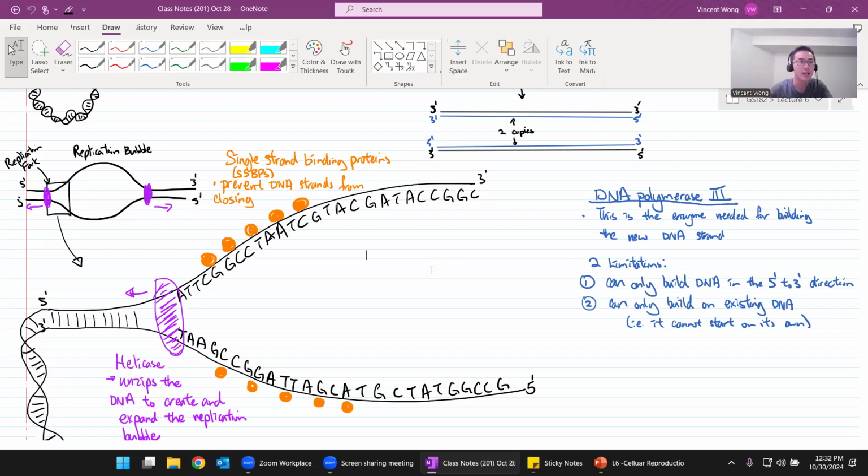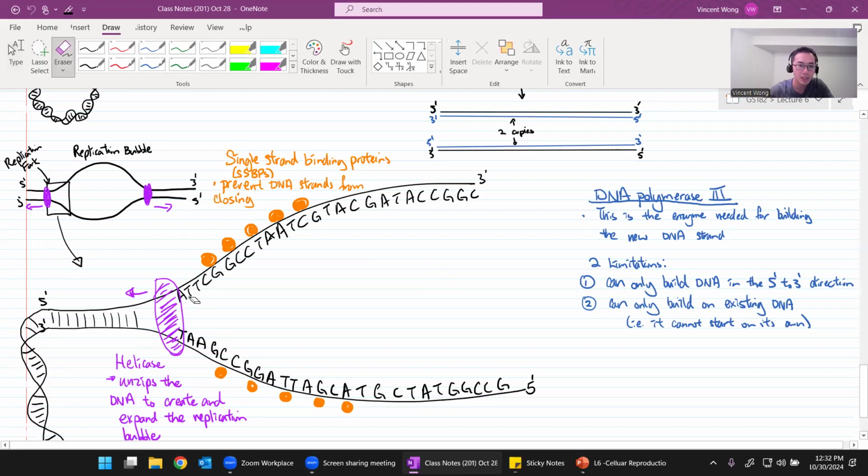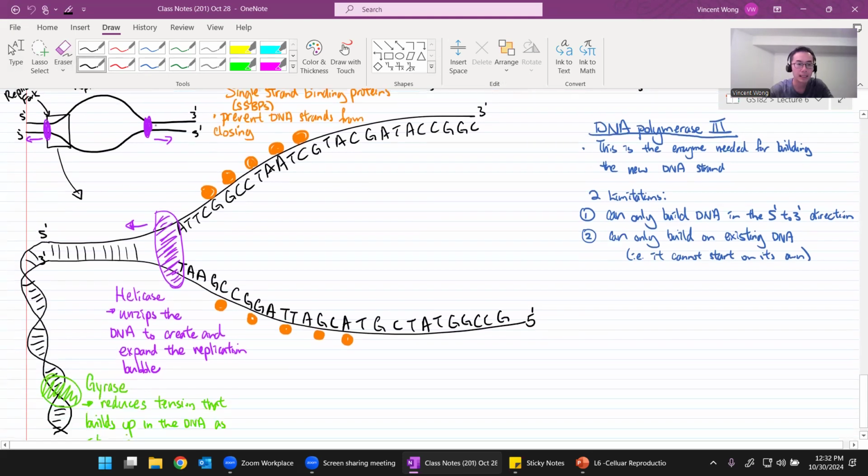So to do this, you will need various enzymes to help with the process, starting with this thing called a helicase, which opens up the bubble, creates the replication bubble, the origin of replication, and then it will continue to move sideways to make the bubble bigger and bigger.